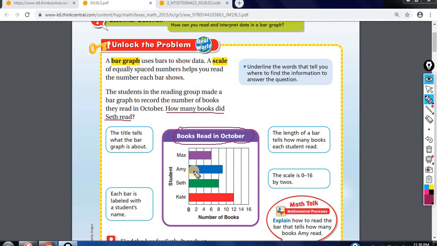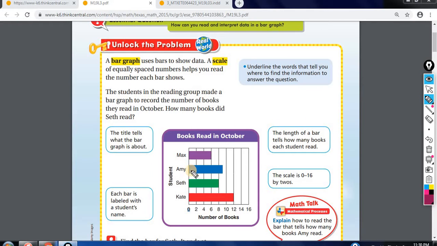Okay, see how each bar has a student's name. The length of the bar tells you how many books each student read. And the scale is 0 to 16 and by twos. This is the key here. By twos, so that if any bar falls in between the numbers in the scale, it will be half. That's the crucial point that I want to make sure you understand here.